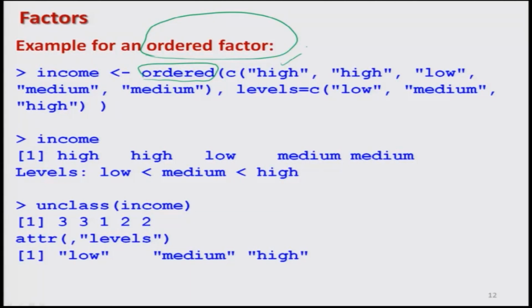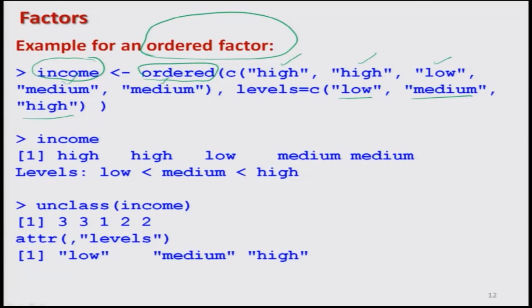For example, here I am giving the data in terms of high, high, low, medium and medium. And what is the ordering? That is given in the labels, here low, medium and high. And suppose this data on high income, low income and medium income is stored in a variable here, income.